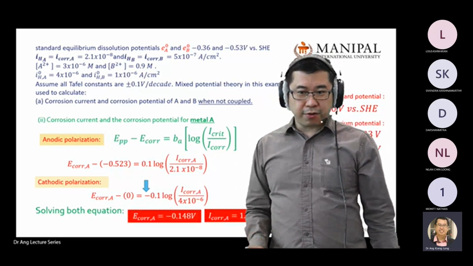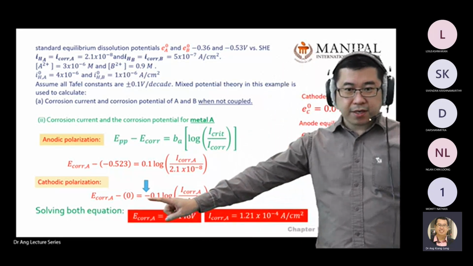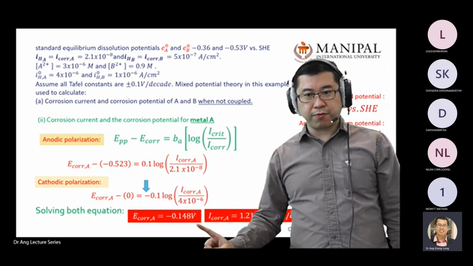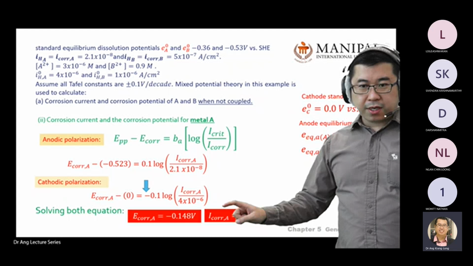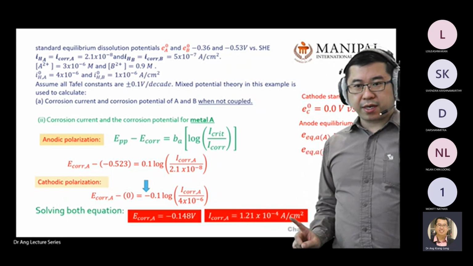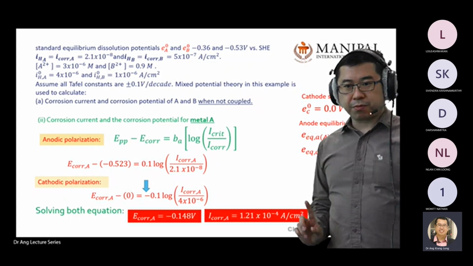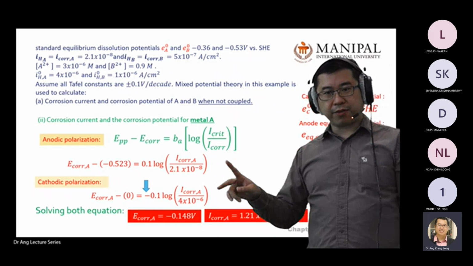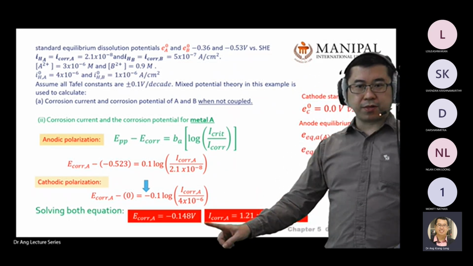Okay, I give you the answer. You'll get that the E corrosion for A is equal to minus 0.148 volt. The I corrosion, or corrosion rate for A, is 0.21 × 10 power negative 4 ampere per cm square. You get these two values after you solve these two. Copy this one.